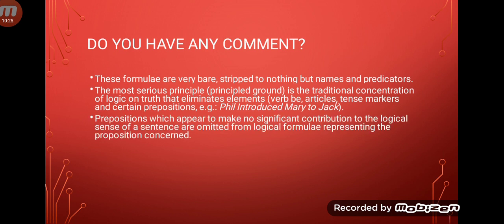Prepositions which appear to make no significant contribution to the logical sense of a sentence are omitted from logical formulae representing the proposition, because the concentration here is on the proposition itself.